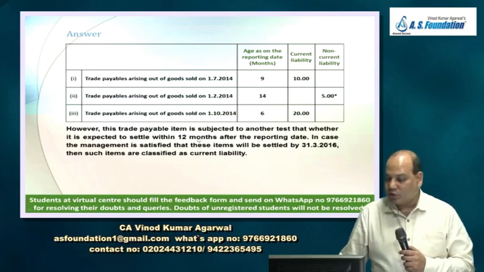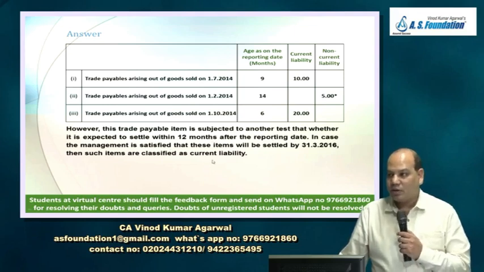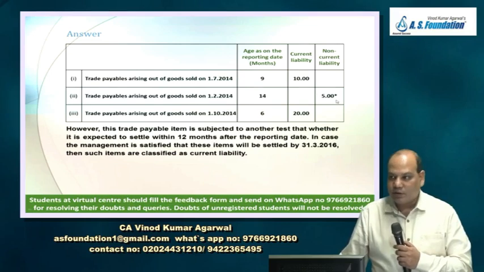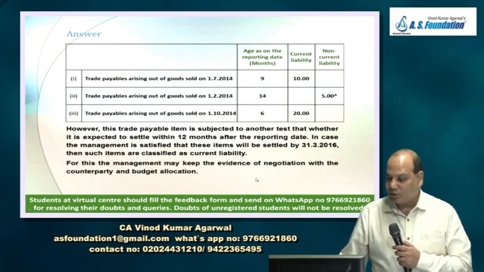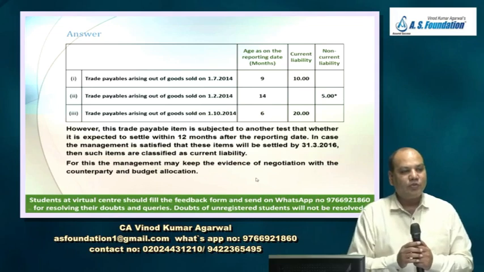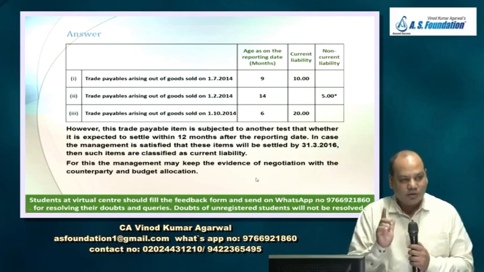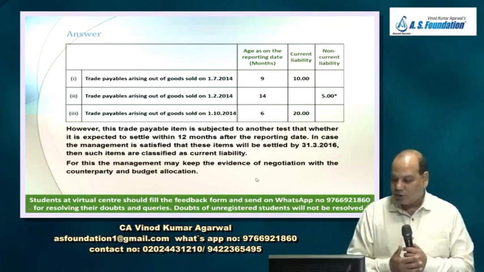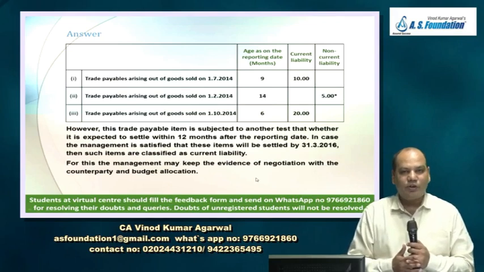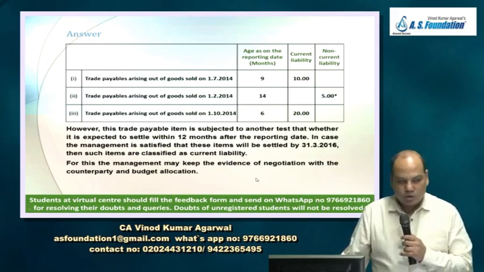Is it expected to be settled within 12 months after the reporting date? If the answer to this question is yes, then management will classify it as current liability. So you have to write two answers for this 5 lakh. Expected to be settled within 12 months from the end of reporting period, current, and if not expected to settle within the 12 months, then non-current.